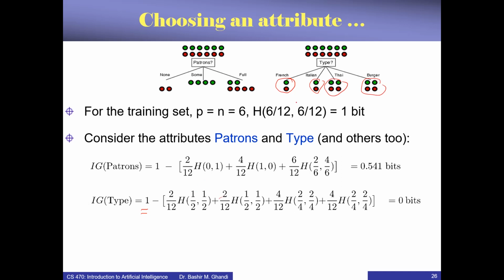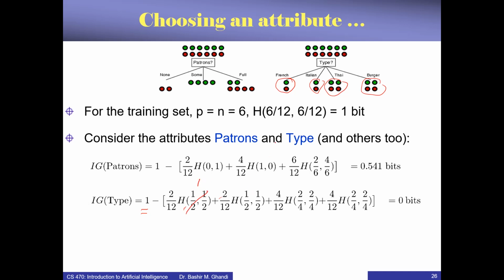So we're going to weight them according to the number of elements in each subgroup. We have 2 out of the 12 in the first group, so 2 over 12 times the entropy of the values. Because the elements are equal in number, this is going to be 1.